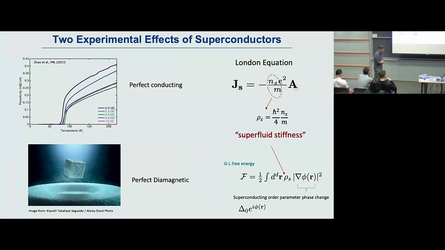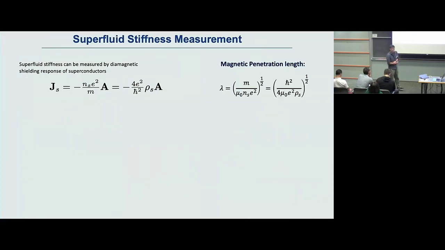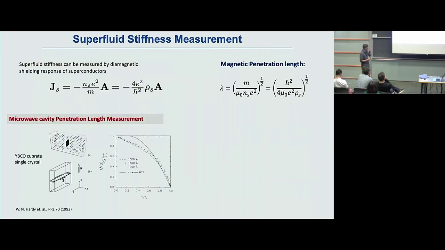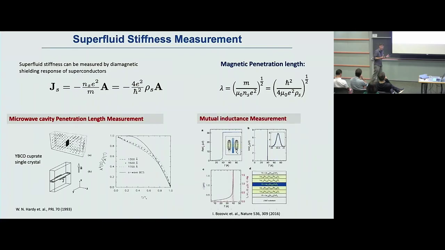Anyway, because this is an important quantity, there are many ways you can address and measure it, and often the measurement is either a static or dynamic response of the magnetic property of the system. Either you can stick a single crystal superconductor into a microwave cavity to measure its superfluid stiffness, or if it's a thin film, you can use a mutual inductance type of measurement.